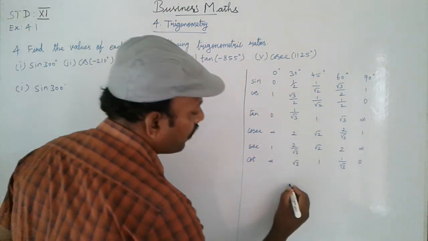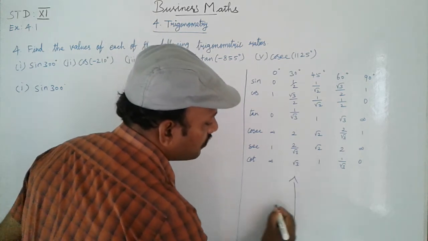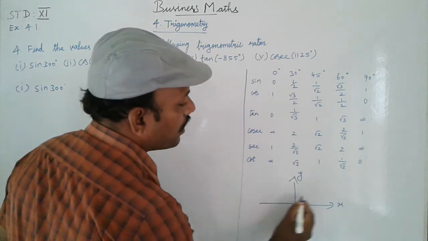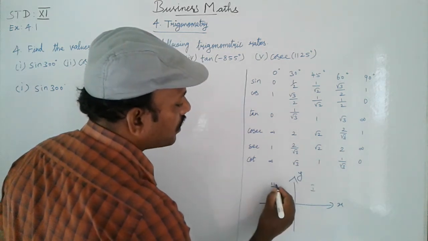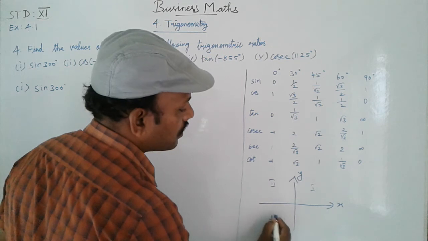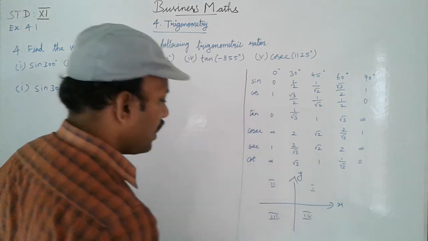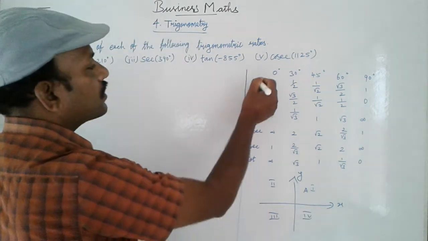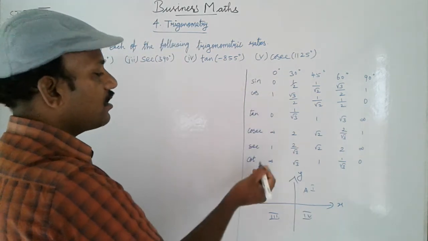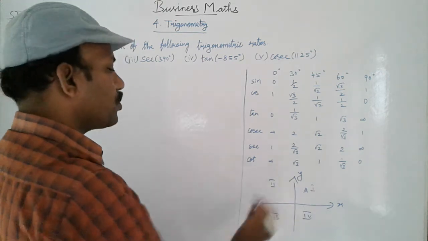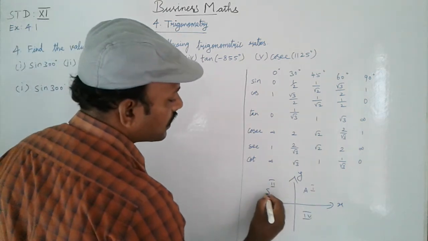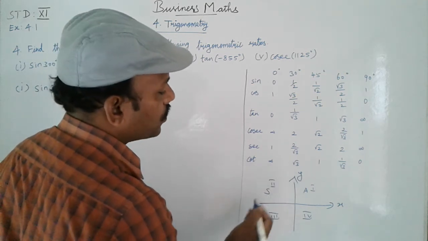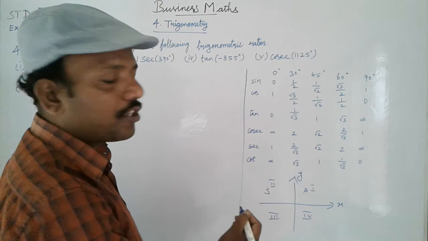Next we should find out the quadrants. x-axis, y-axis. It's the first quadrant, second quadrant, third quadrant and fourth quadrant. In the first, all are positive values: sin, cos, tan, cosecant, secant, cot. All the values are positive. Next S. S means the second quadrant, sine only is positive, other values are negative.